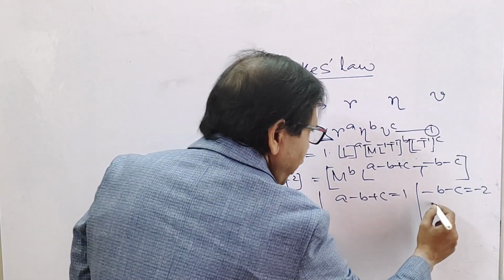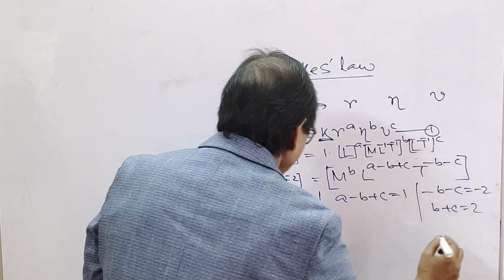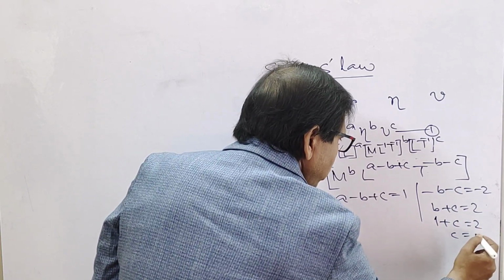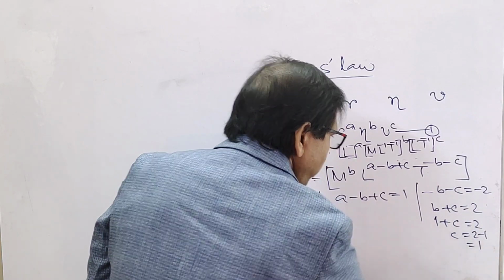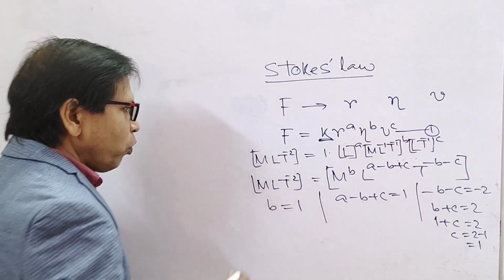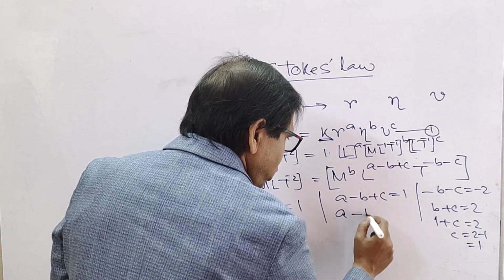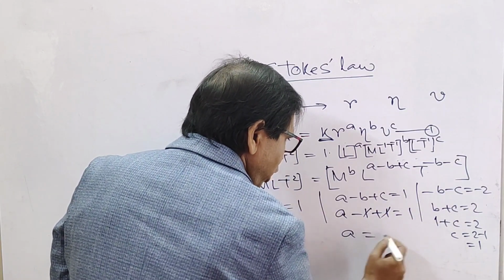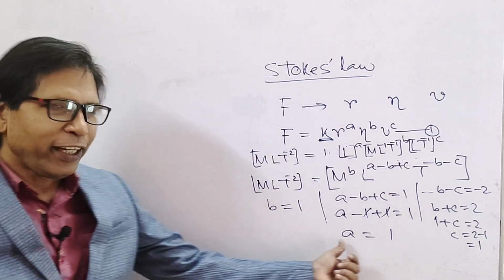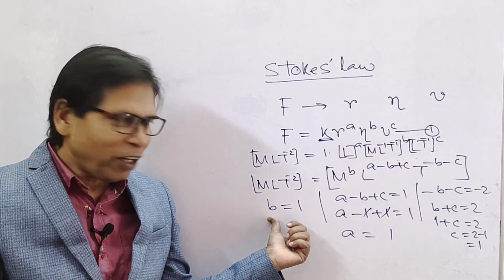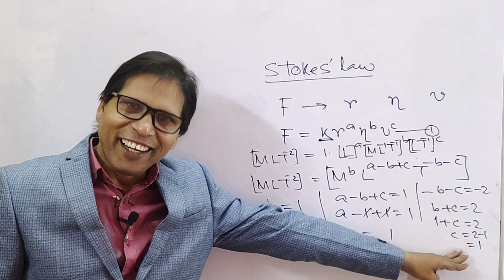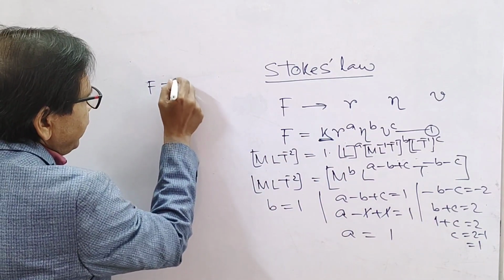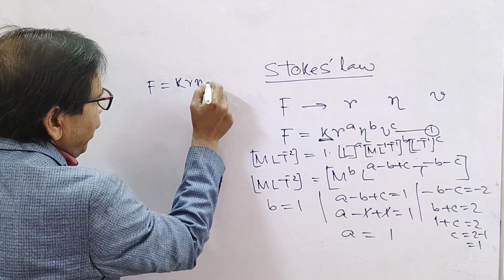So b plus c equals 2, 1 plus c equals 2, so c equals 2 minus 1, that is 1. Now a minus 1 plus 1 equals 1, this cancels out, so a equals 1. So we get a equals 1, b equals 1 and c equals 1. Understood? From equation 1 we get F equals K r eta v.